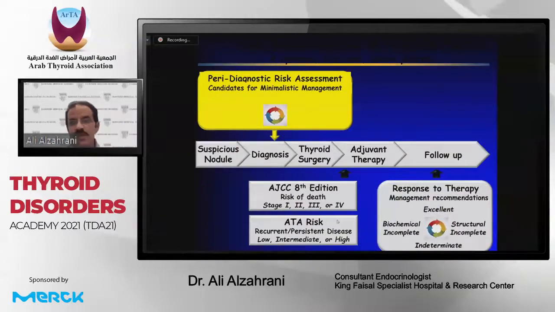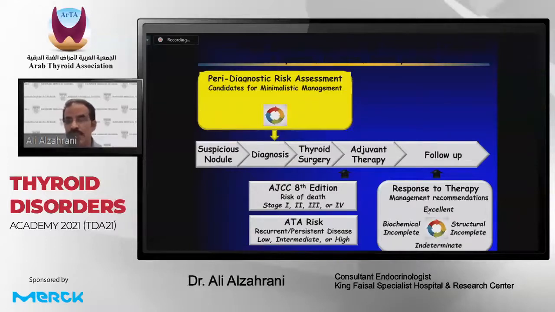And continuously during the follow-up, every time you see a patient after 1 year, 2 years, 3 years, 10 years, we use what is called dynamic risk stratification, or response to therapy, to decide what is the risk for this patient in the next years.